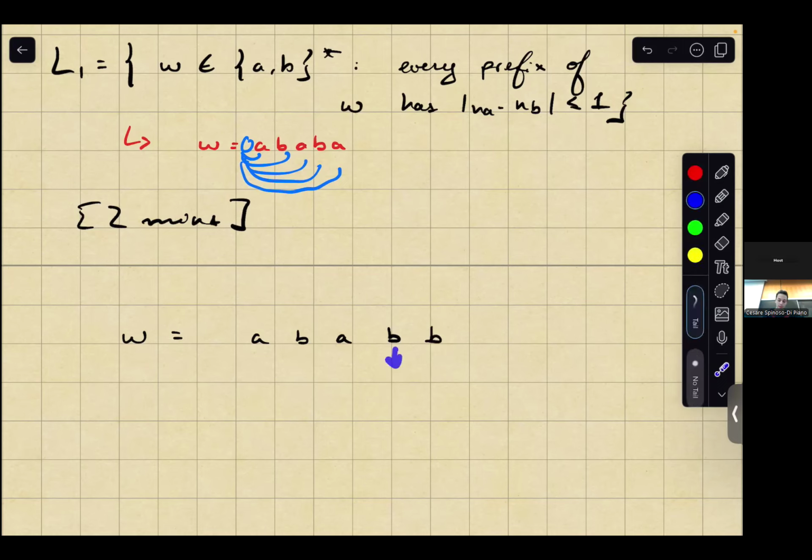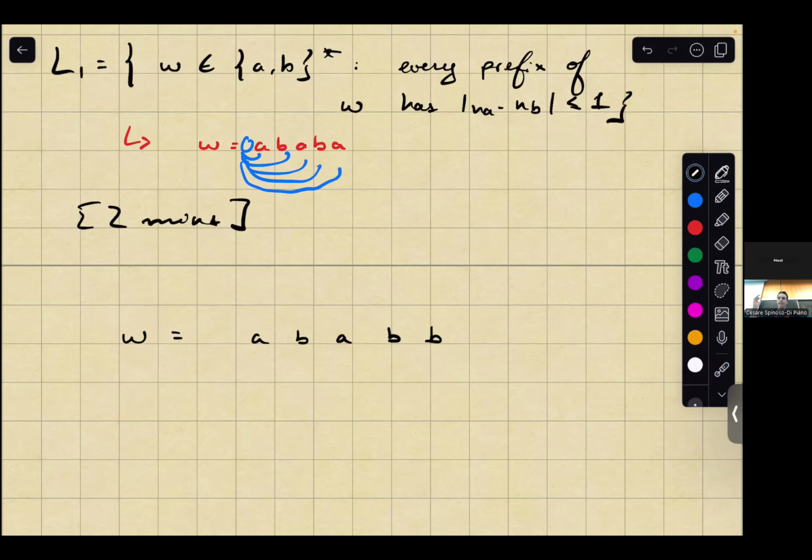So this 0 that I had in terms of the count of A's and B's now goes back down to 1. So notice what has happened so far. I've only really needed to remember 3 things: whether the difference between A's and B's so far has been 0, whether it's been +1, or whether it's been -1.